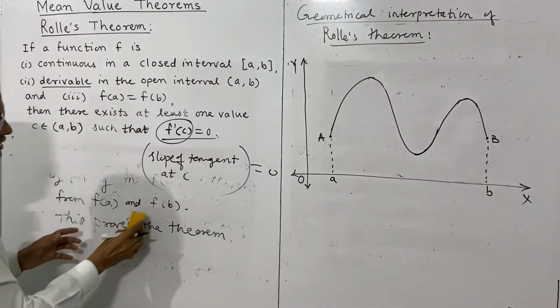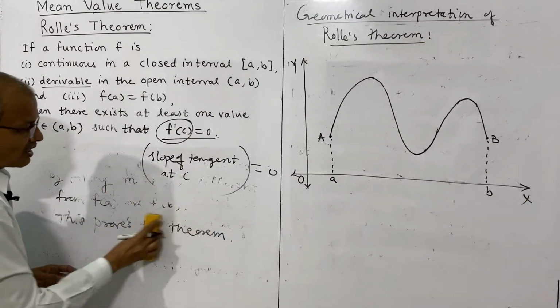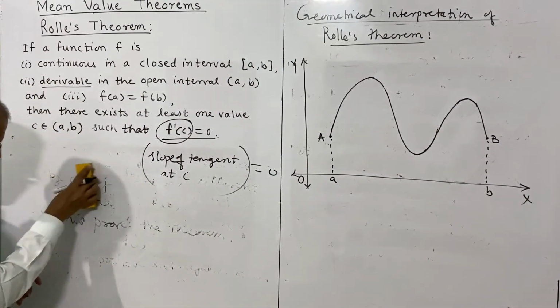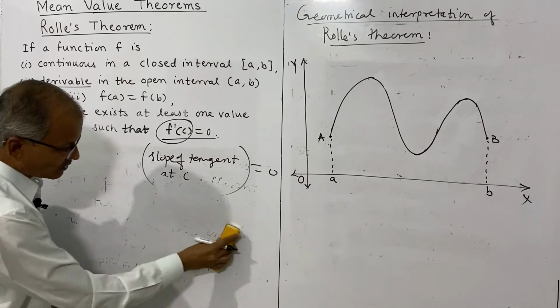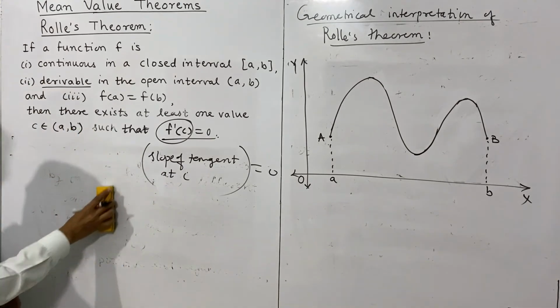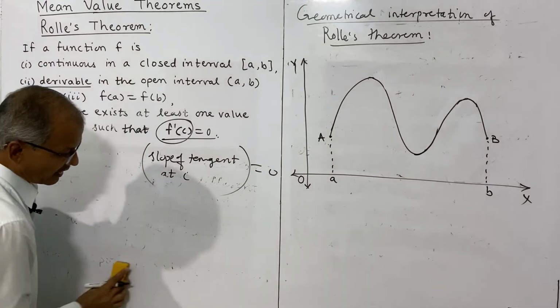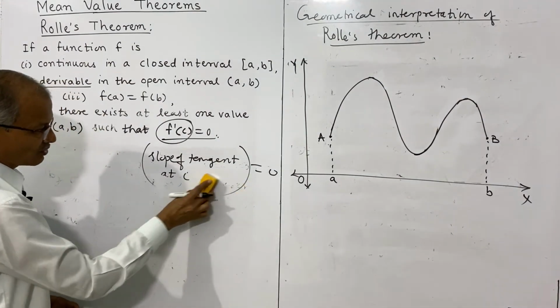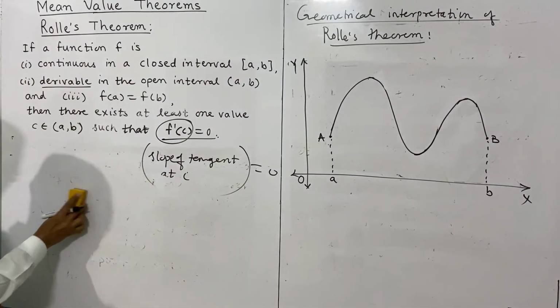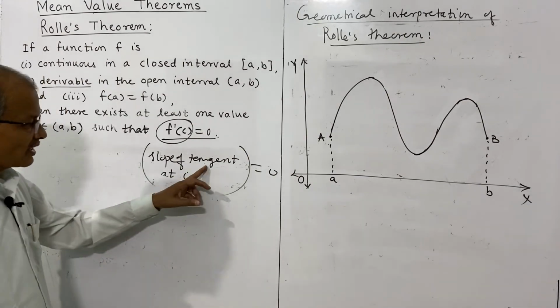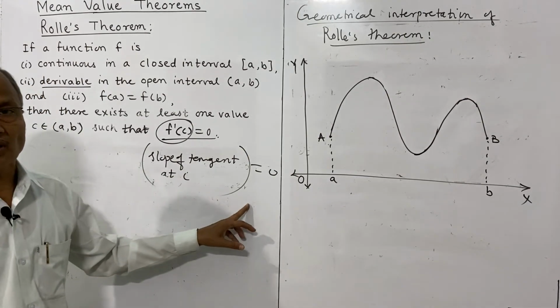Slope of tangent at C is 0, means what? The tangent is parallel to x-axis. Slope of x-axis is 0, we know, and a line which is parallel to x-axis has slope 0, and therefore the tangent at the point is parallel to the x-axis.